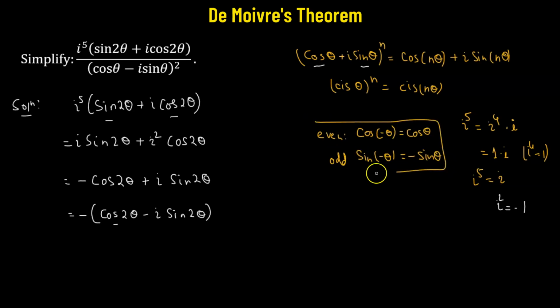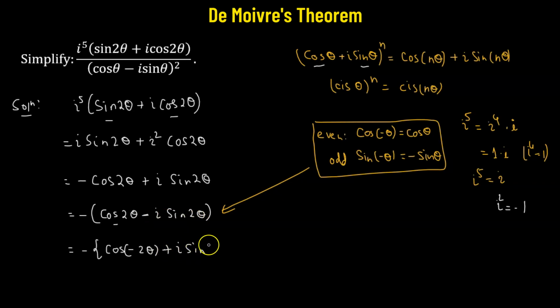Now we will use this fact to rewrite the given expression. So we have negative multiplied by cosine of negative 2 theta, and we can absorb the negative sign inside the sine function and write it as positive iota times sine of negative 2 theta.